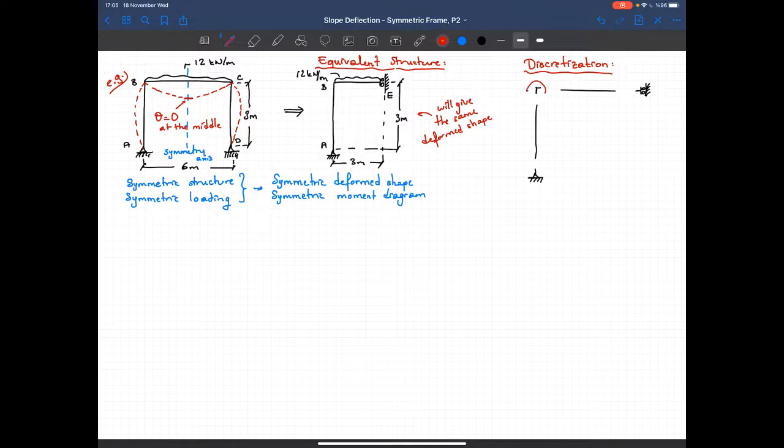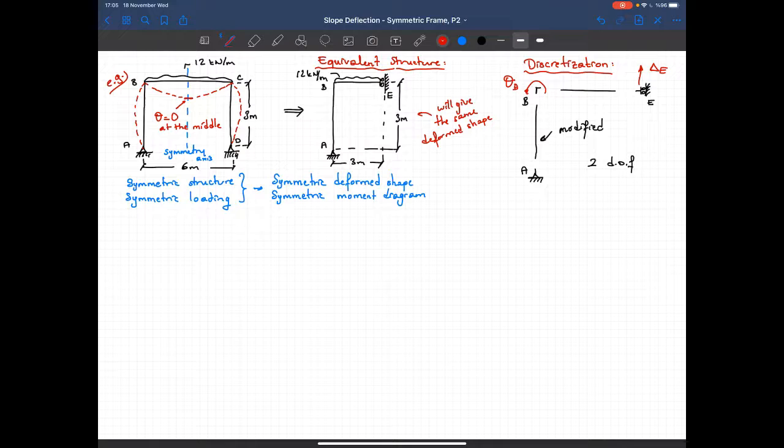Now I have a rotation here, theta B, and I have a translational degree of freedom here, delta E, and I will be using modified equation for this member, A, B, and E. That's B. Okay, so these are the degrees of freedom, and I got 2 degrees of freedom here.